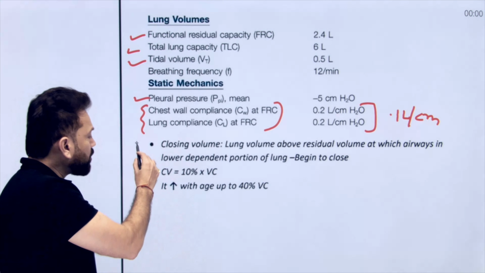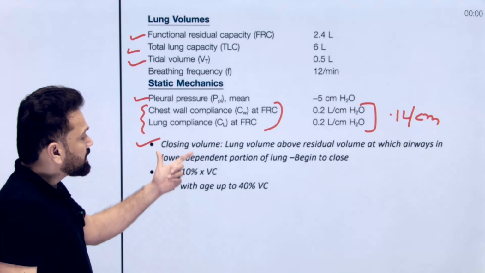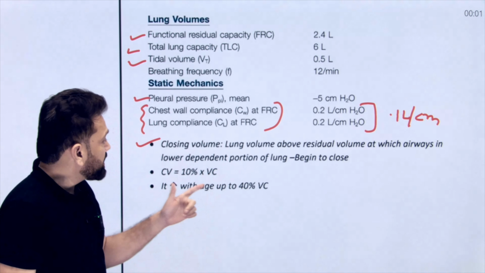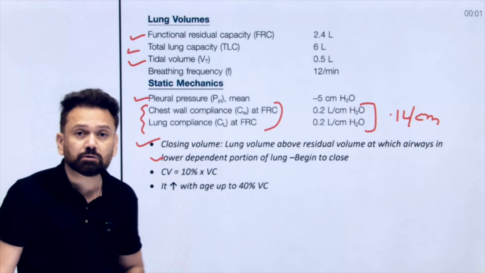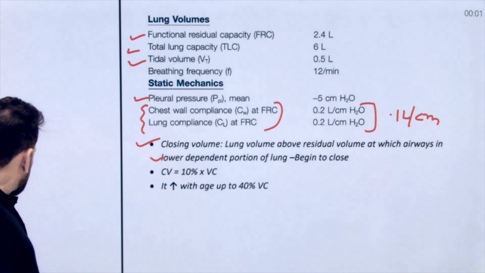One more important entity. What is the closing volume? Closing volume is the lung volume above residual volume at which airways in the lower dependent portion of the lung begin to close. So, lung volume above the residual volume.